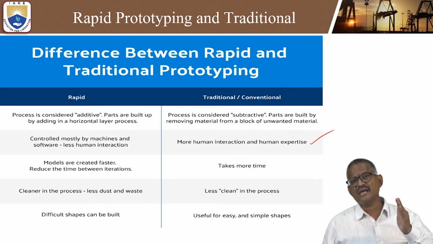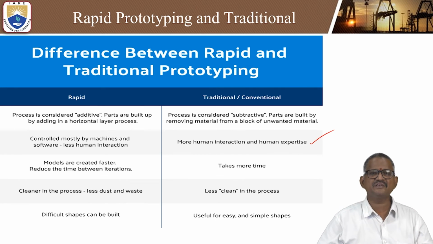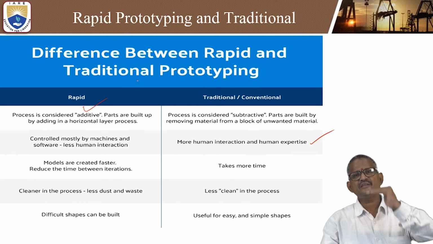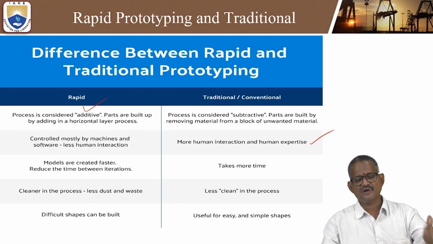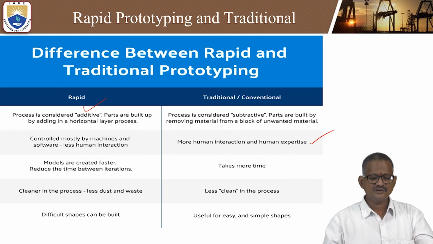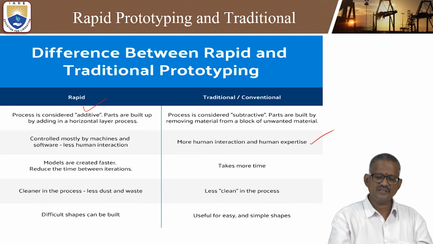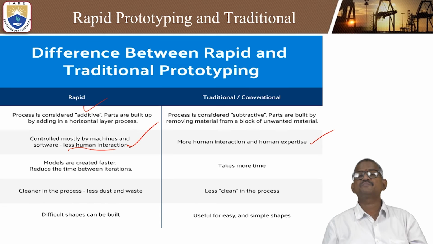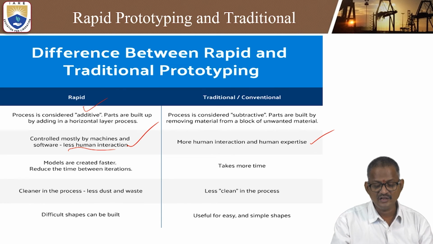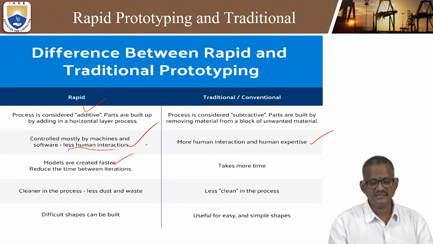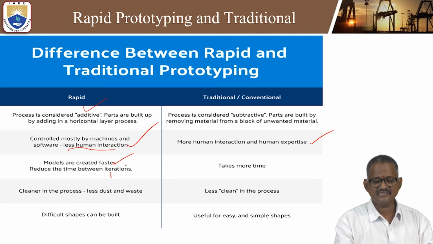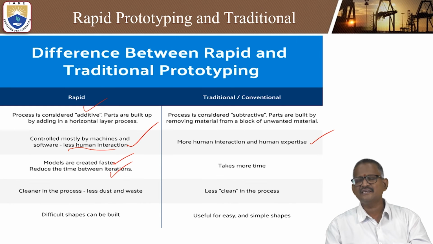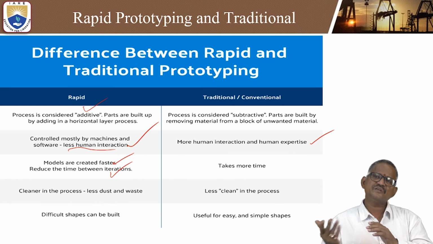Whereas in the case of rapid prototyping or 3D printing, the process is majorly additive, a layer by layer method, and it is mostly controlled by machines and software. Human interaction is very little in rapid prototyping or 3D printing, and models are created faster and reduce time between iterations. Nowadays, even if you are manufacturing a chair or a table, it will take a minimum of 3 to 4 days.